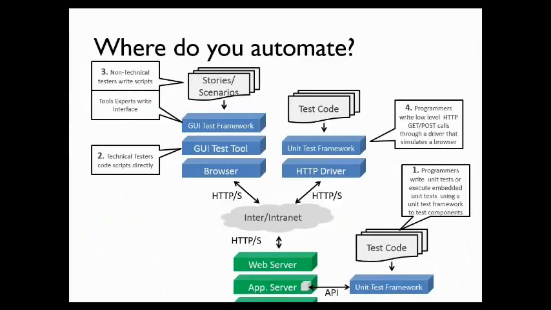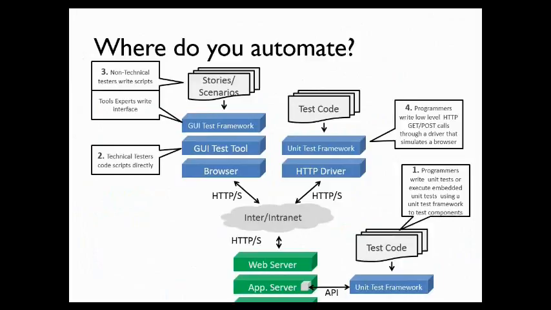And this is just an illustration of where you might automate. So the top left, you've got the tests that might be driven through stories and maybe a GUI test framework or another robot framework or something similar, perhaps driving a tool through the user interface. Top right, you've got a unit test framework which might drive web pages, for example, directly.